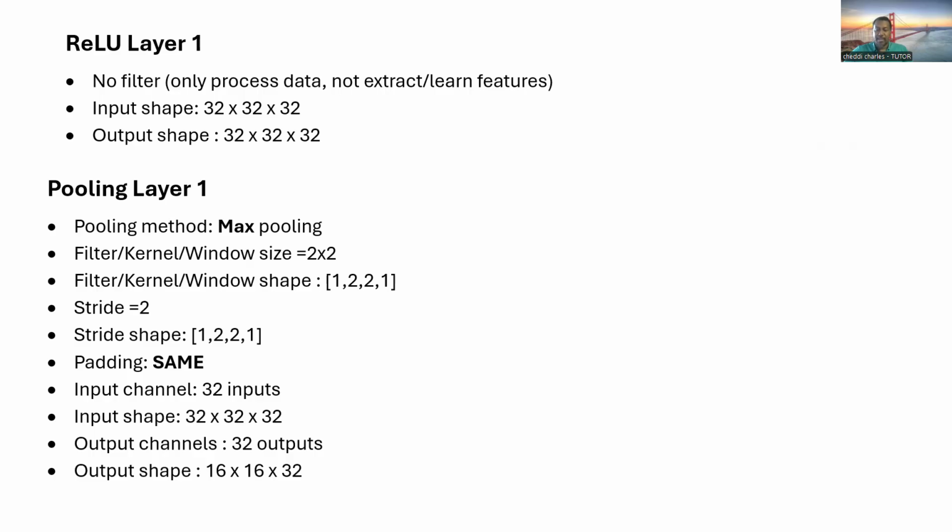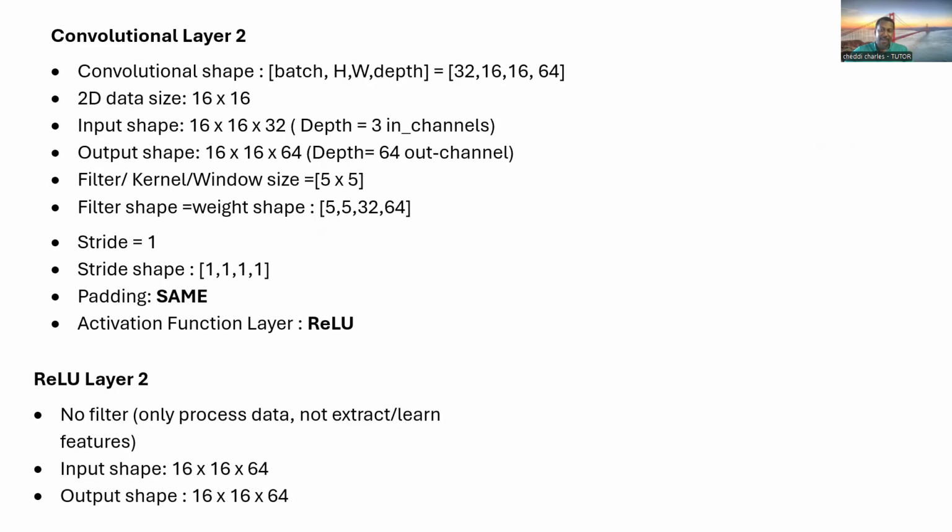So just pass that little matrix over and take the maximum value. Now the final output will be 16 by 16 by 32, because remember the 32 channels. Think of it like 32 pages we have to go through. Okay, so next, we move on to another layer after that.